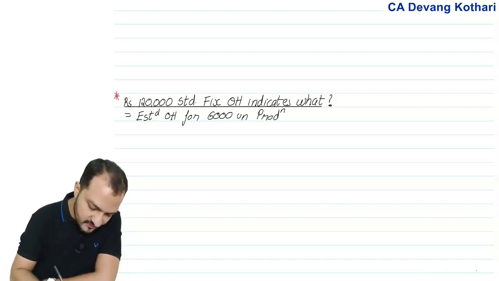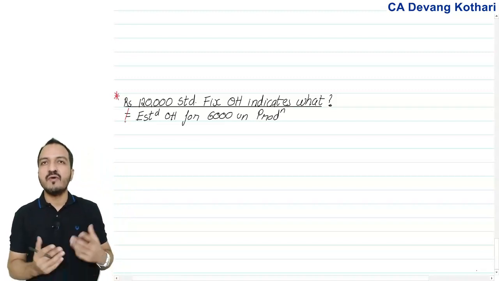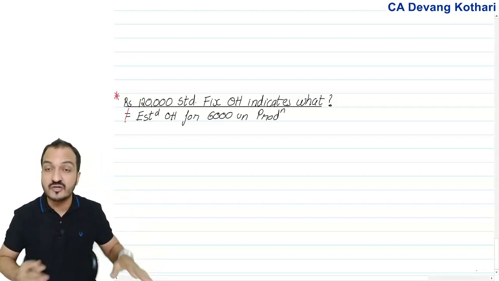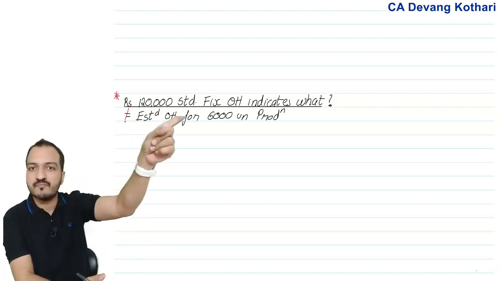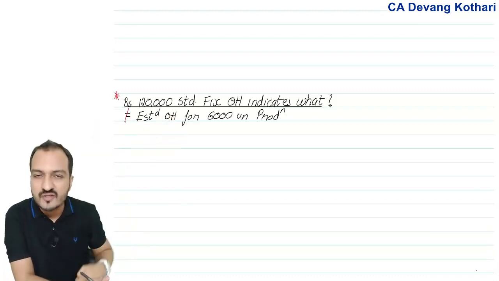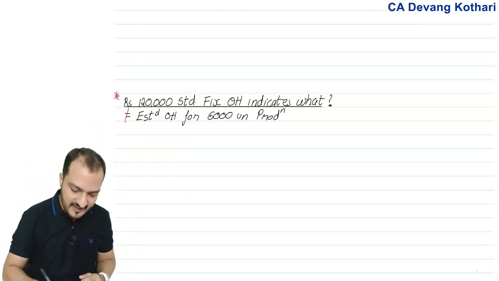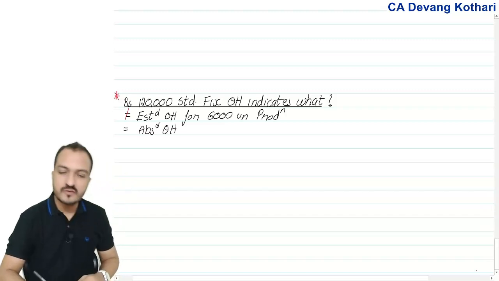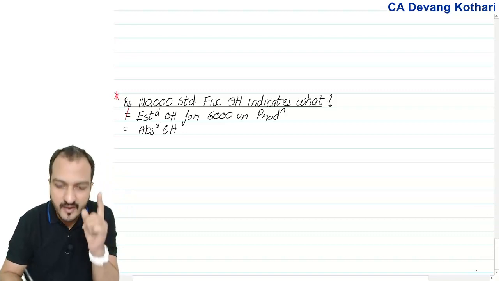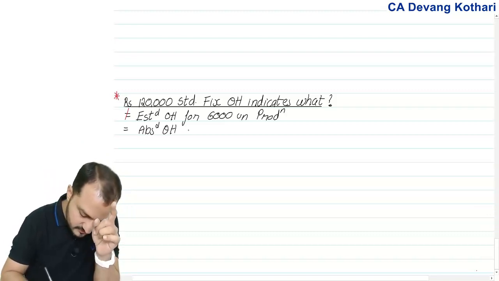Well, no. For 6,000 units production, your estimated overheads should remain the same, 1 lakh, not 1,20,000. Then what exactly is this 1,20,000? Well, this 1,20,000 is rather the absorbed overheads.